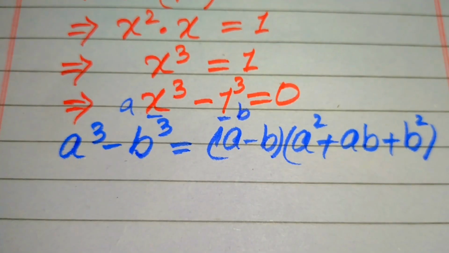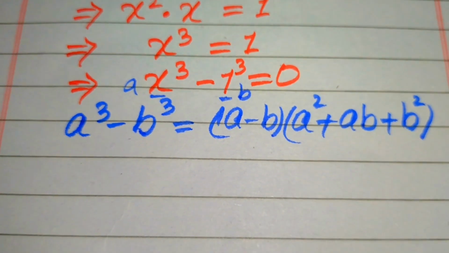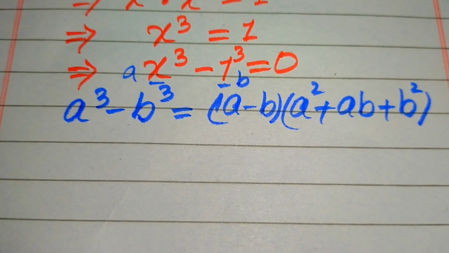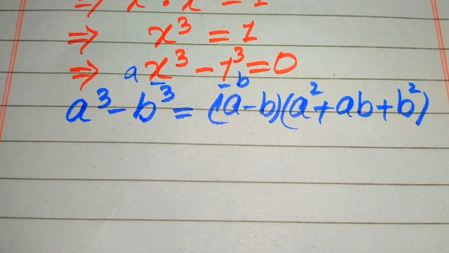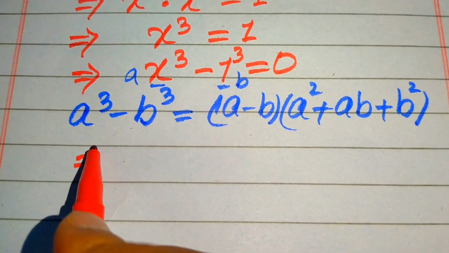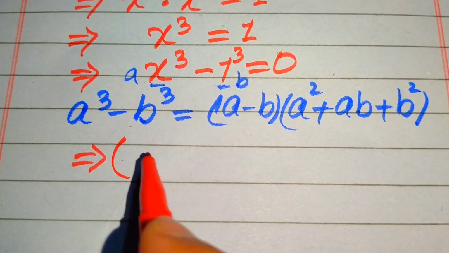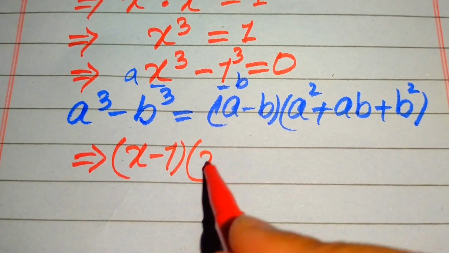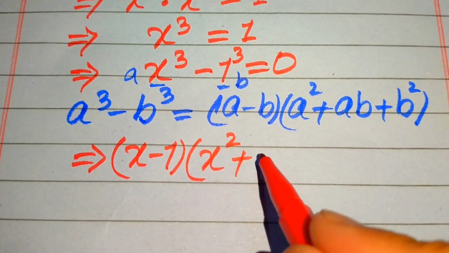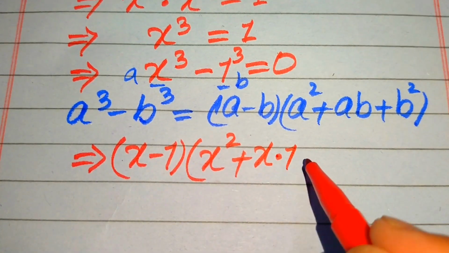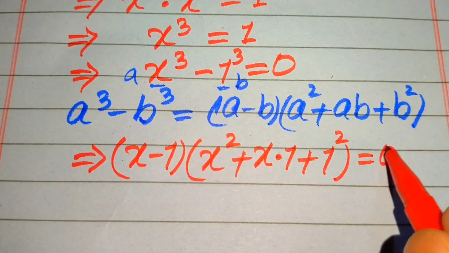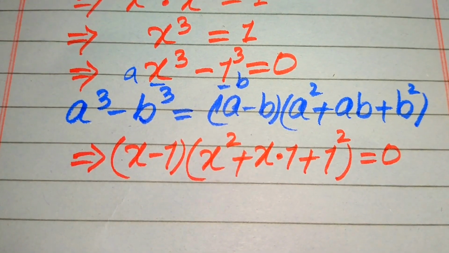So we substitute the values of a and b into the formula, and our equation is written in this form. It becomes x minus 1 times x squared plus x times 1 plus 1 squared, and this whole equation is equal to 0.